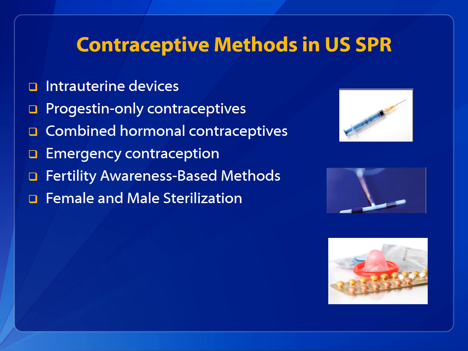Combined hormonal contraceptives, which contain estrogen and a progestin. These include combined pills, patch, and ring. Emergency contraceptive pills, which include levonorgestrel, ulipristal acetate, and combined oral contraceptive pills. Fertility awareness-based methods such as the standard days method, and also female and male sterilization.